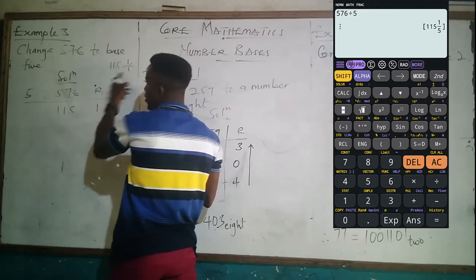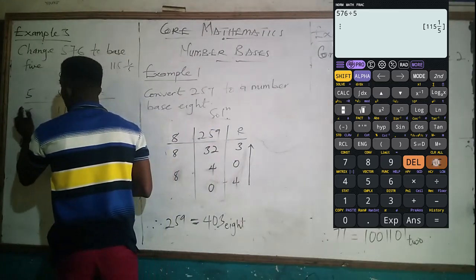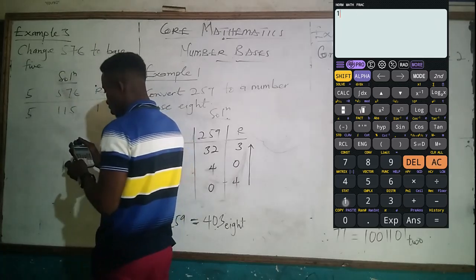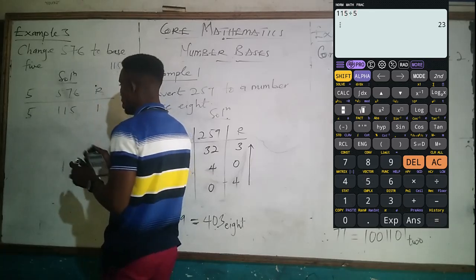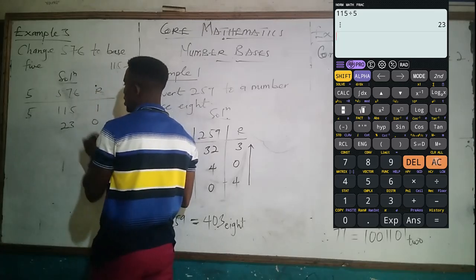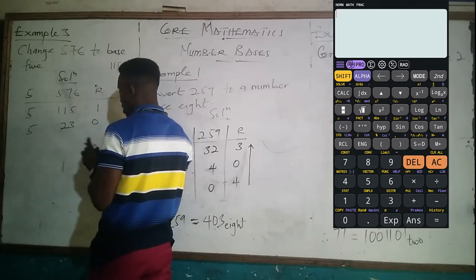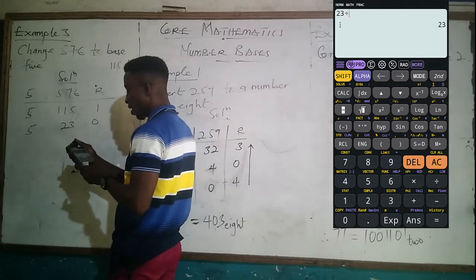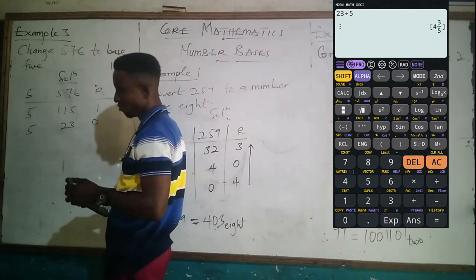So meaning the remainder is 1. Then I have the same 5 going into this one. So 115 divided by 5 gets me 23 exactly, meaning remainder 0. Then 5 into 23: 23 divided by 5 is 4 whole number, 3 over 5.